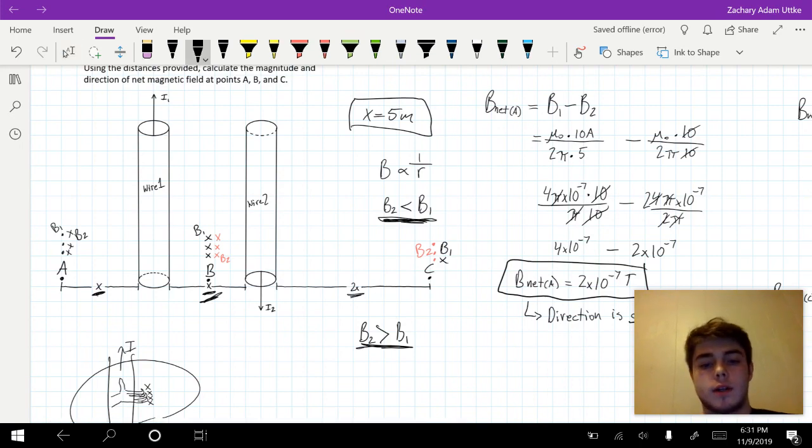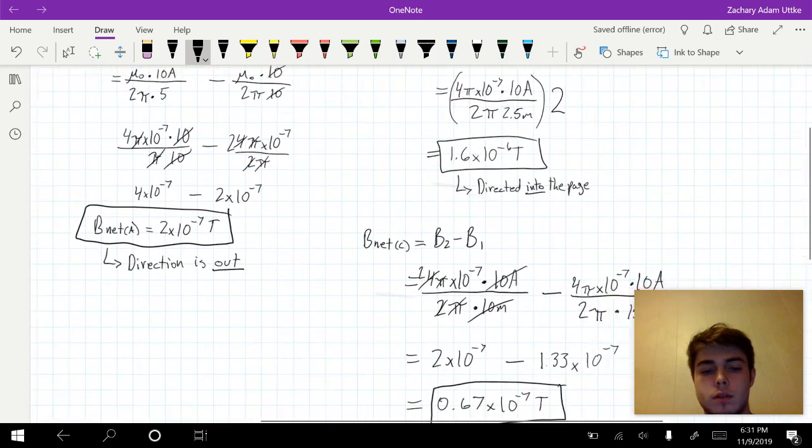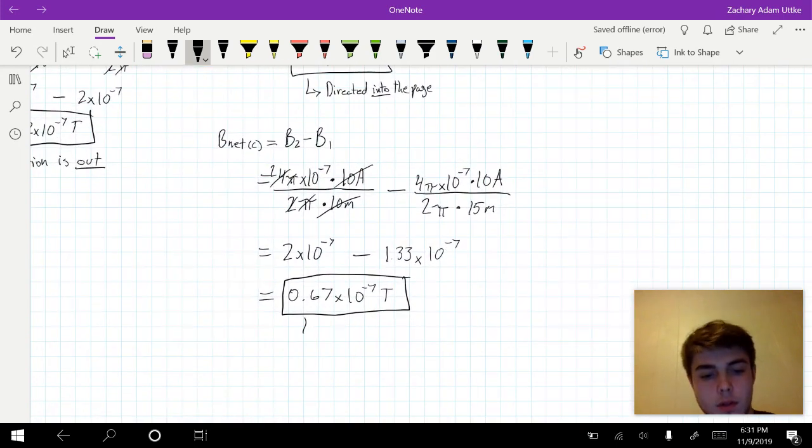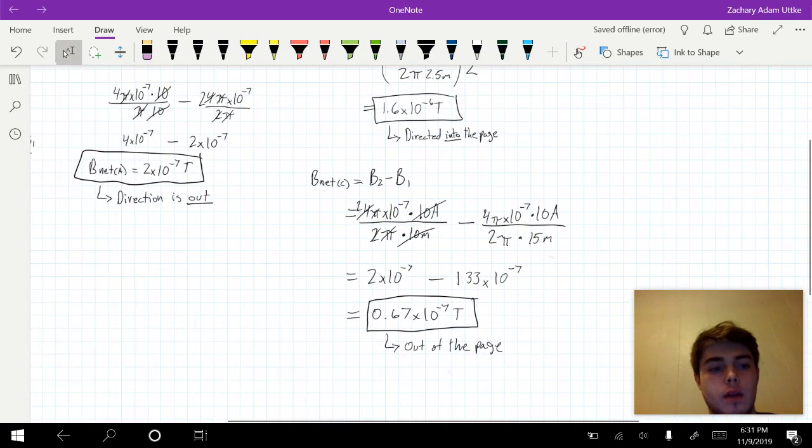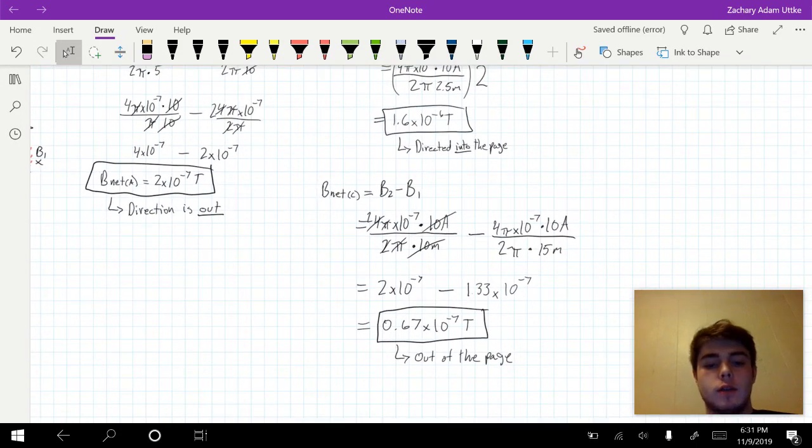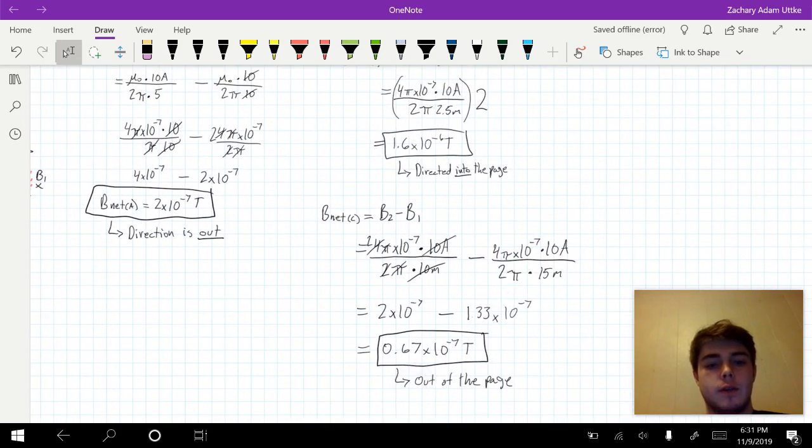So the net direction is out of the page. So we found the direction and the magnitude of the net magnetic field at points A, B, and C.